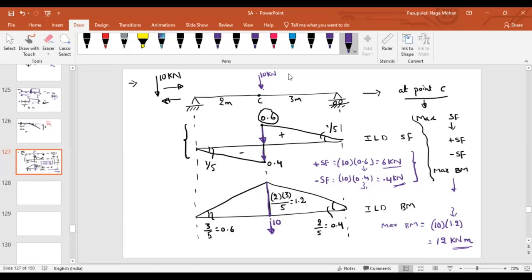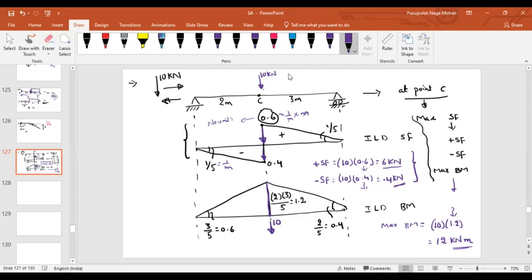You can see the ordinate of 0.6. If you are writing 1 by L, what is the unit here? 1 by M. 1 by M, into which you are multiplying the distance again. That means 1 by M into the distance, and M gets cancelled. So these ordinates have no units.